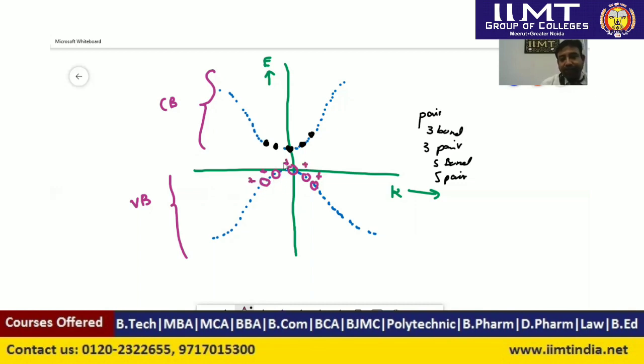So if we see along the energy axis, there is actually symmetry. Symmetry means 2 electrons here and 2 electrons here, 2 holes here and 2 holes here.